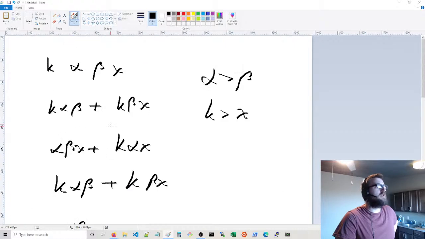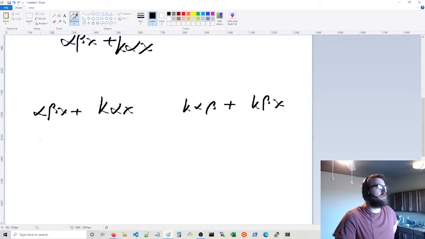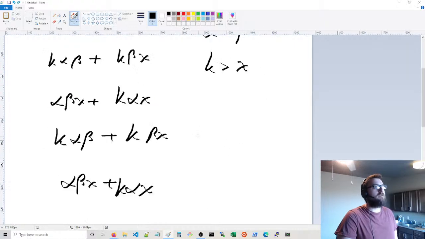Okay, so let's say k is greater than x and alpha is greater than beta. So if alpha is greater than beta, how do we compare these? Clearly k alpha x is greater than k beta x, right? That we have immediately from alpha greater than beta.